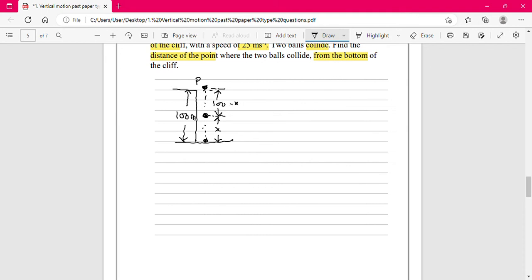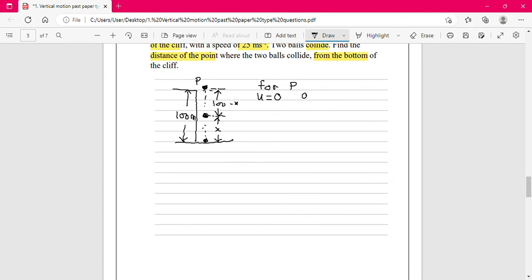So let us first consider the journey of ball P. Now the ball P is dropped from the top, so its initial velocity is 0. It is dropped from rest. So its initial velocity is 0.